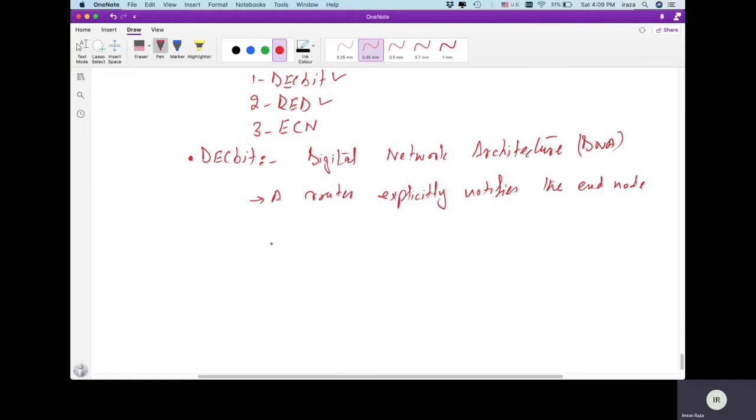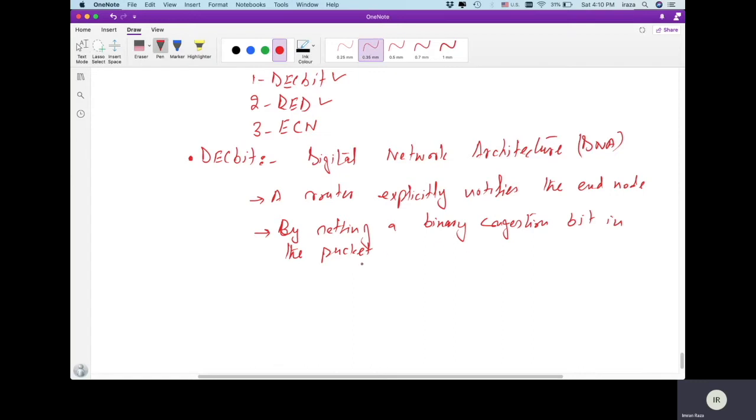This notification is implemented by setting a binary congestion bit in the packet, and that's why we call it DECbit.